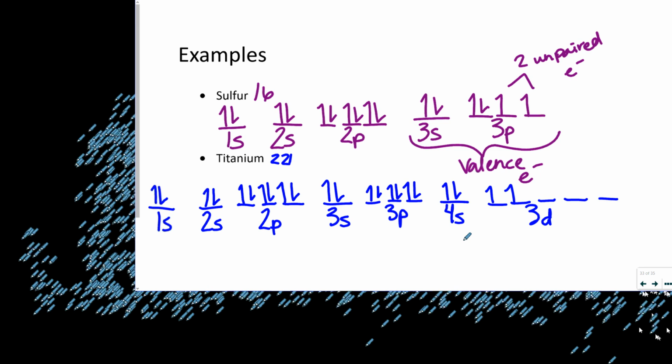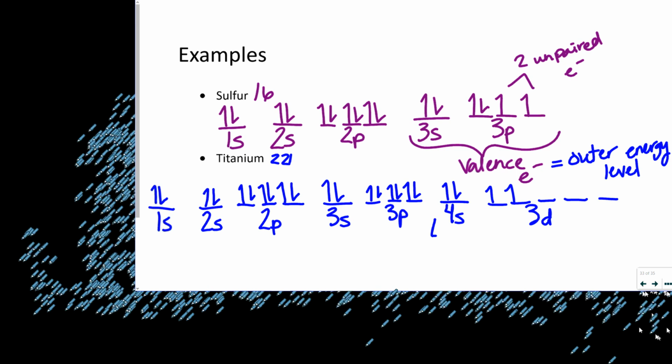This one, the trick with valence electrons. Remember I said valence electrons are in the outermost energy level. Well, if we're looking at titanium, the energy level that has the highest principal energy level is 4.